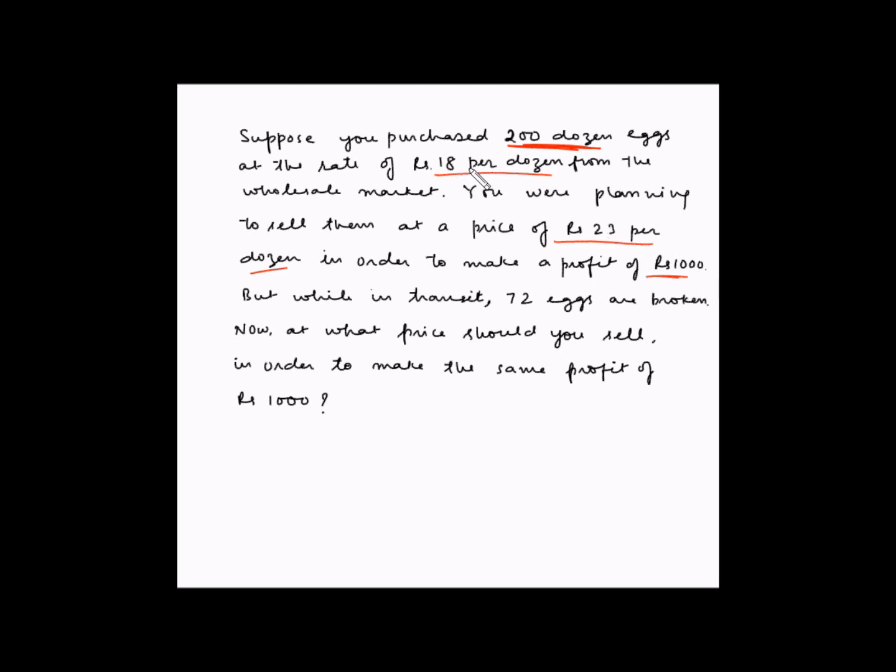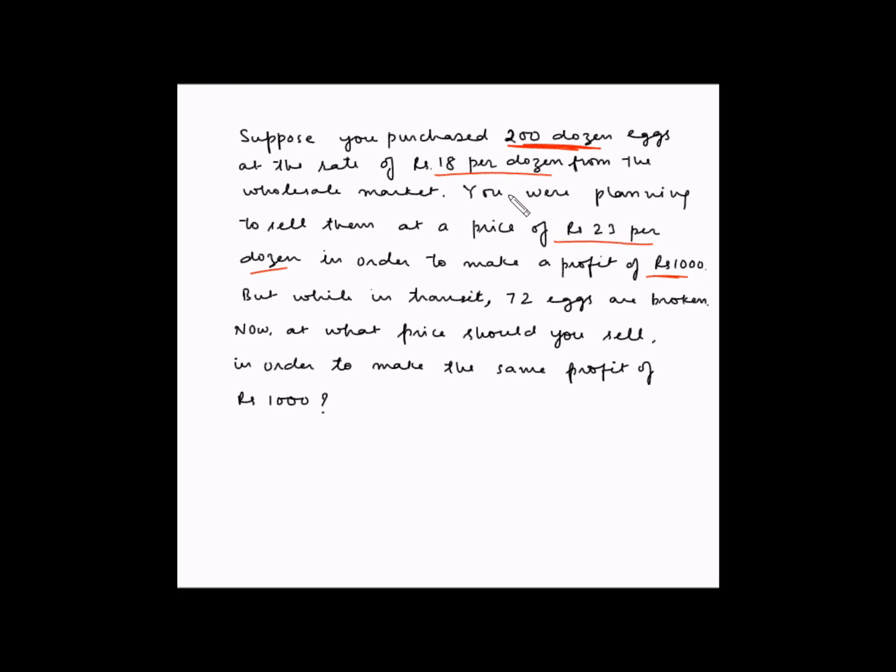So let's see. So the quantity is 200 dozen. Your cost price is 18 rupees per dozen, and your selling price was supposed to be rupees 23 per dozen.